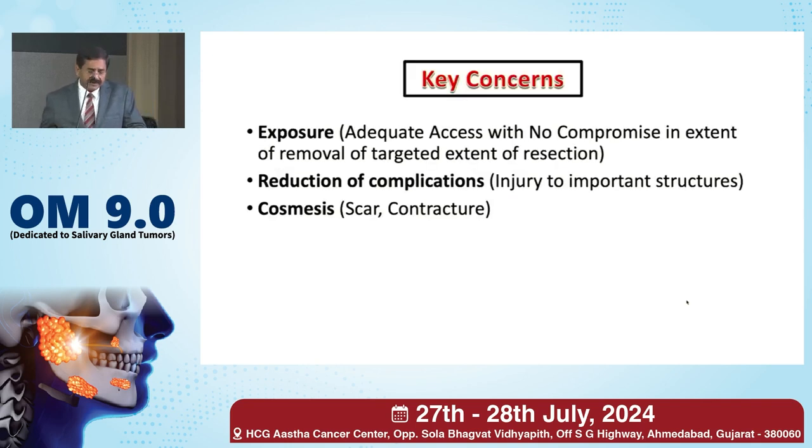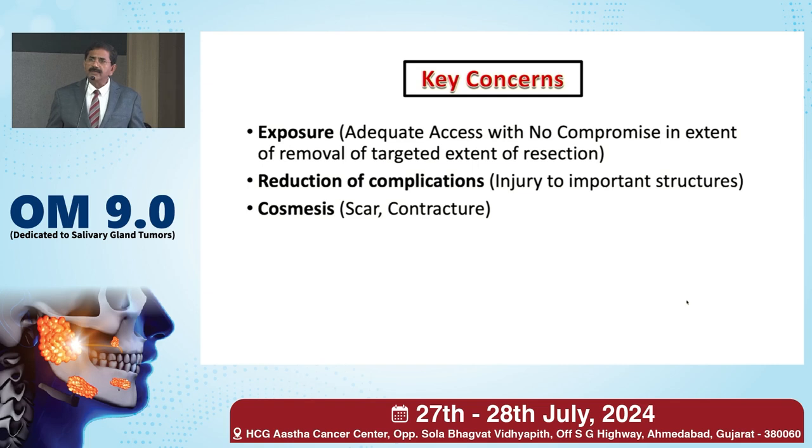These are our key concerns: exposure, adequate access with no compromise in the extent of resection, which is important. From total parotidectomy to adequate parotidectomy or radical parotidectomy, the exposure has to be perfect, because a parotid tumor, if it recurs, is a nightmare.